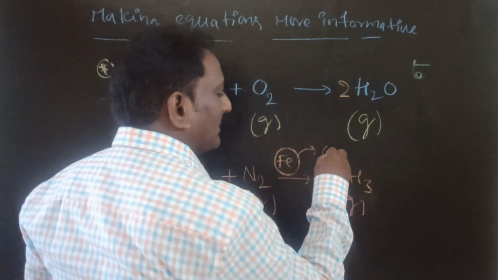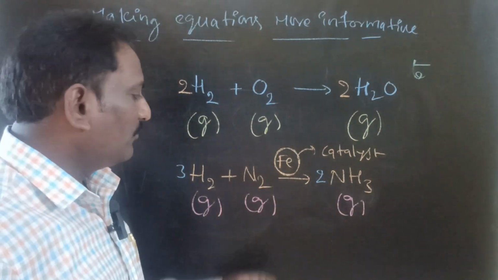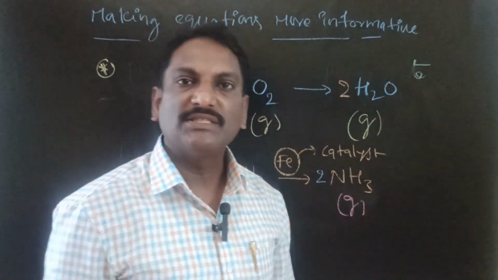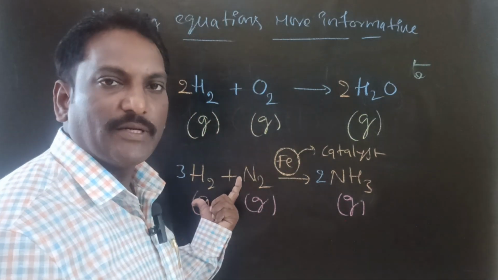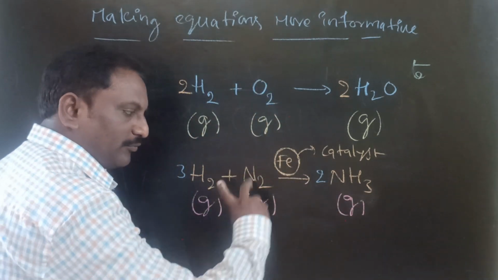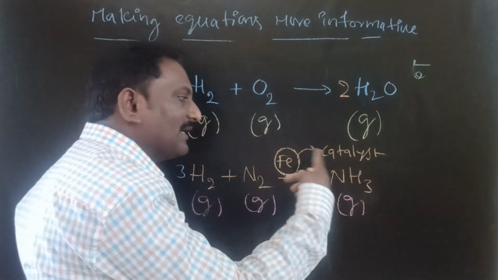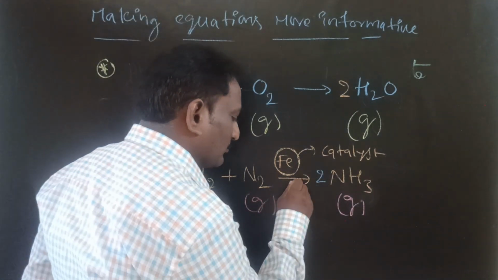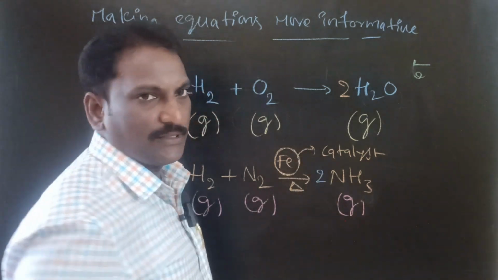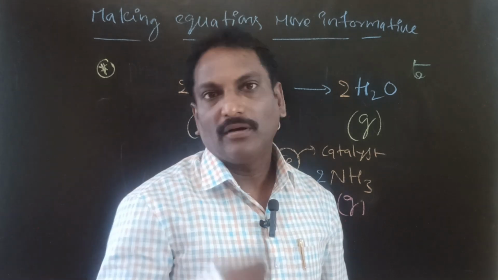Iron acts as a catalyst. Without iron, there is no formation of ammonia by the reaction between hydrogen and nitrogen. So here we mentioned the physical state of the reactants and products and the reaction condition as well. On heating also, delta is the symbolic representation of heat. That means we need to heat the mixture in the presence of iron.